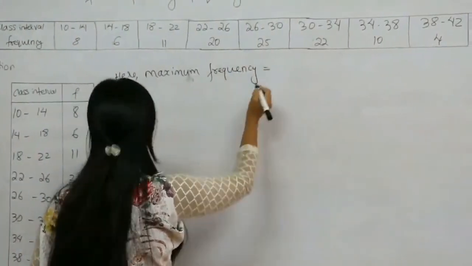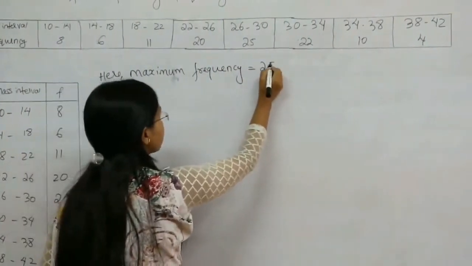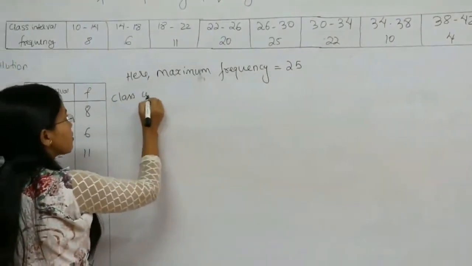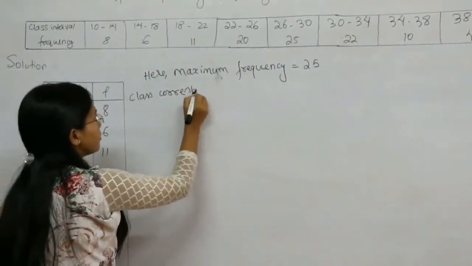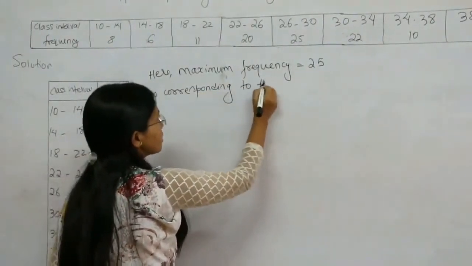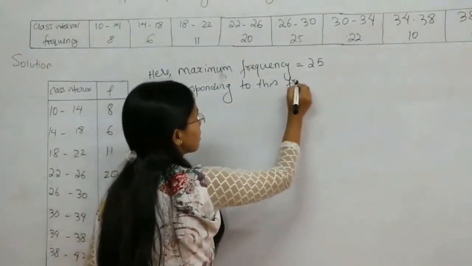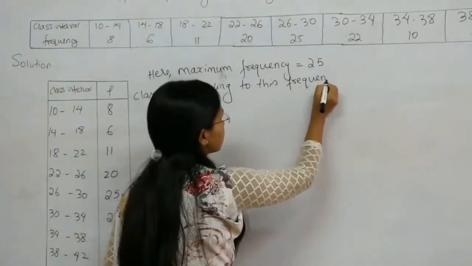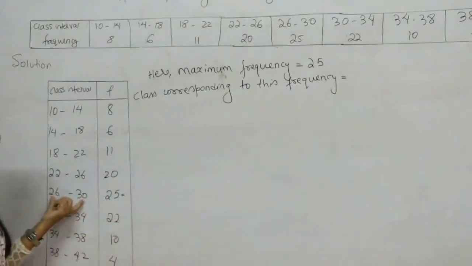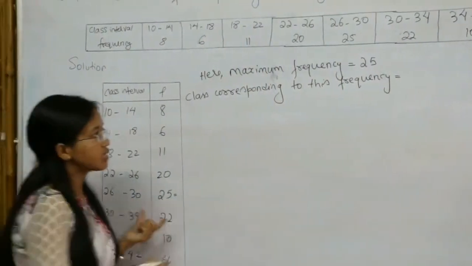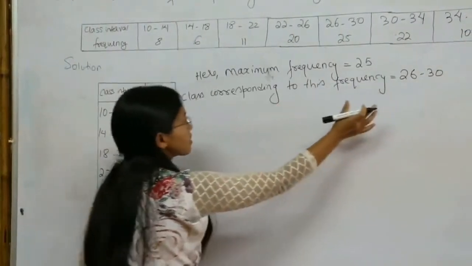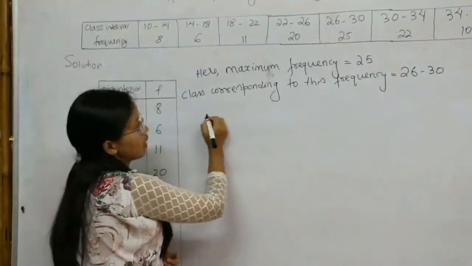So here the maximum frequency is equal to 25, then the class corresponding to this frequency is 26 to 30. So it means this is our modal class.